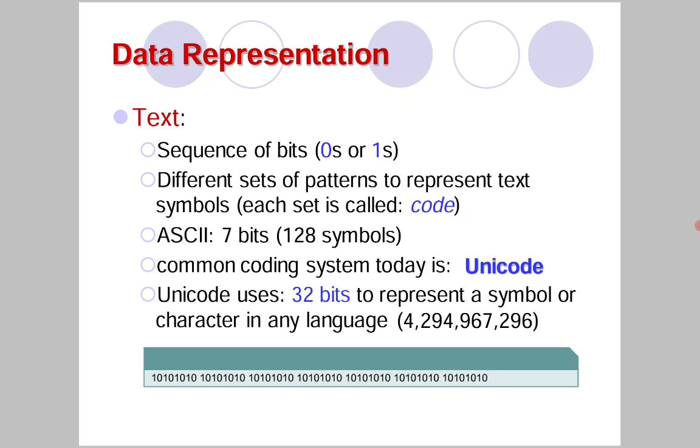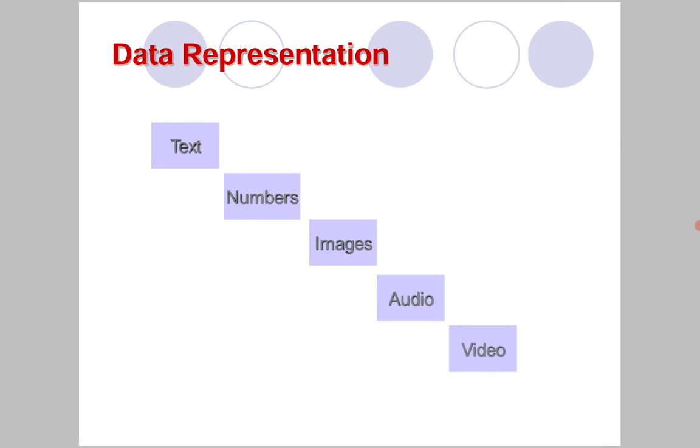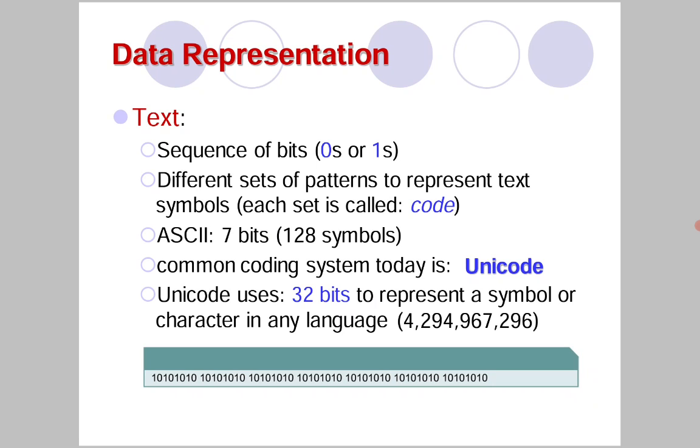So, how to represent the data: we may explain these five one by one. First one is text. Text contains ordinary text or alphabets, small a to z or capital A to Z. Generally, the data is stored or represented in the form of bits, zeros and ones, different sets of patterns to represent text symbols.